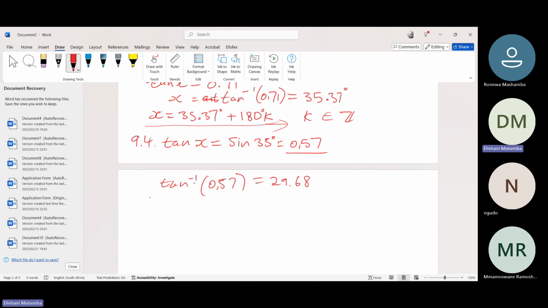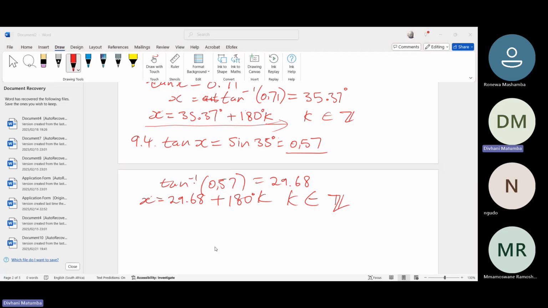Then from there, my general solution: x is equal to 29.68 plus 180 degrees K. Yeah, that's it.